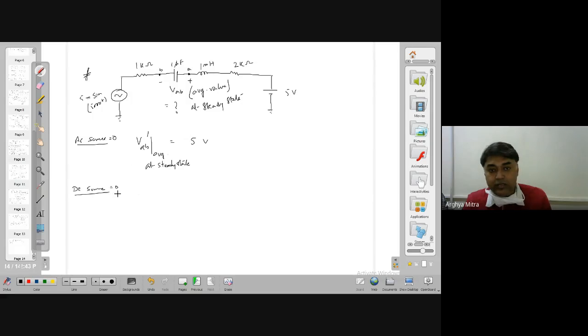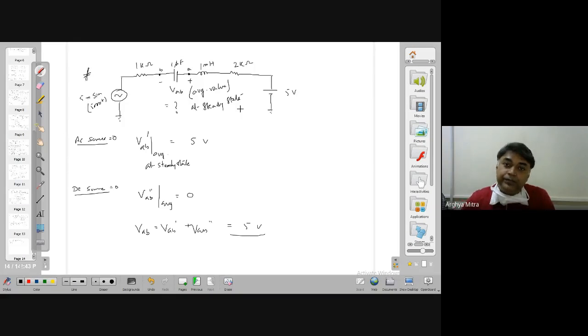So my VAB double dash average value will be equal to 0. So your VAB is VAB dash plus VAB double dash, that is equal to 5 volt. So you actually didn't calculate anything and you get the answer. But initially it looks so complicated.